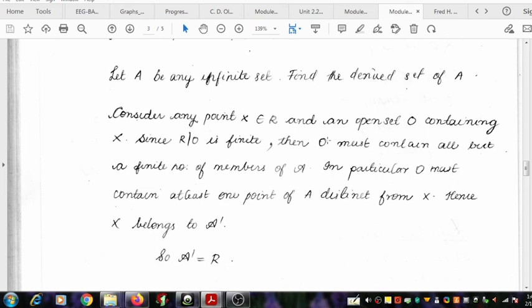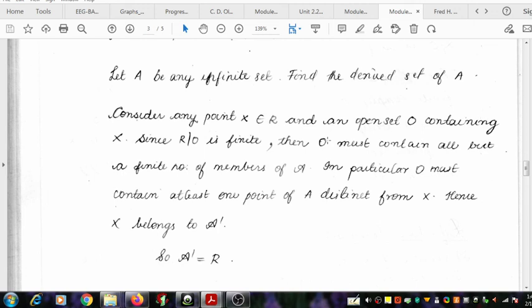And so the taken open set O contains small x, and also O contains infinitely many points of A. Therefore O contains some point of A other than x.